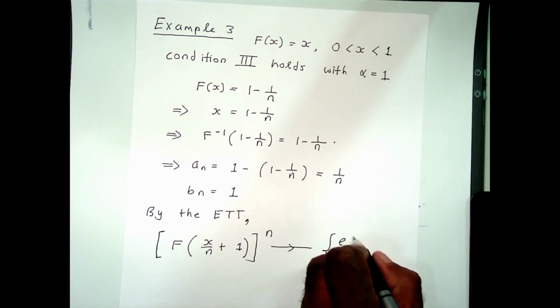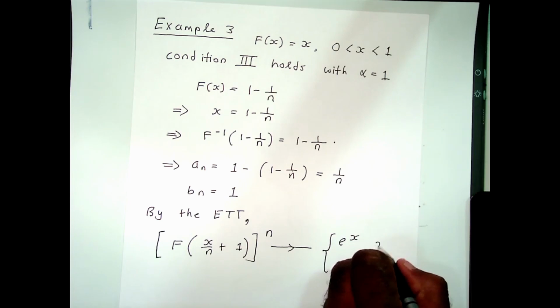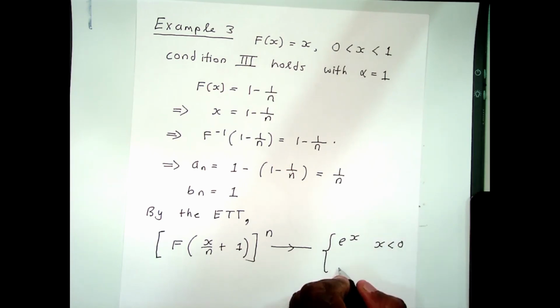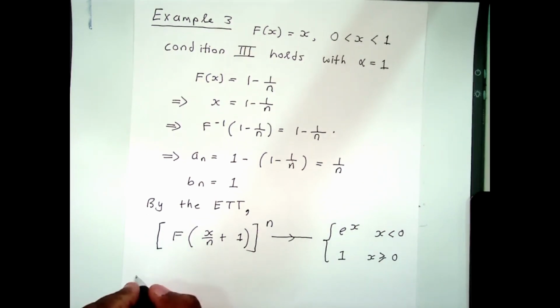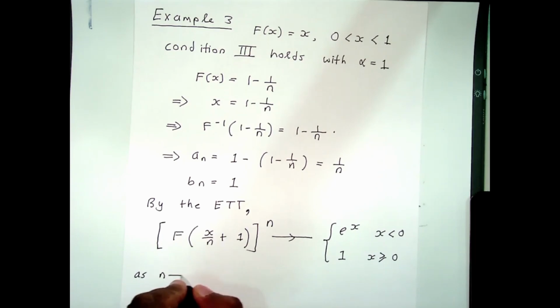So e to the x if x is less than 0, and 1 if x is greater than or equal to 0, as n goes to infinity.